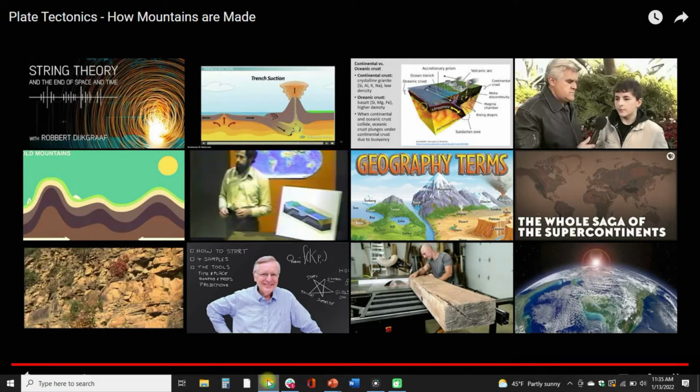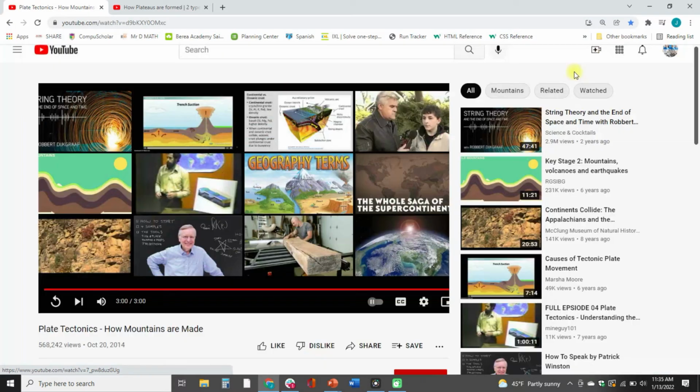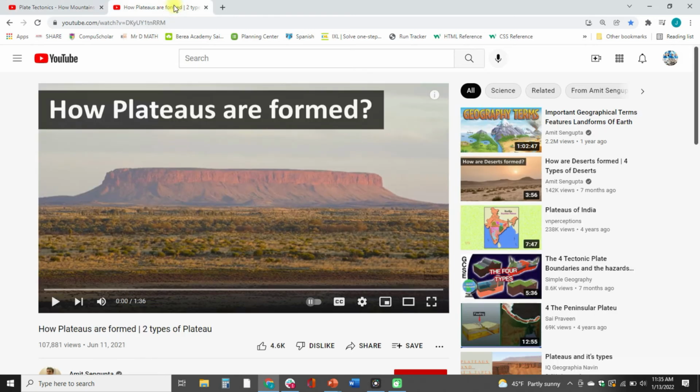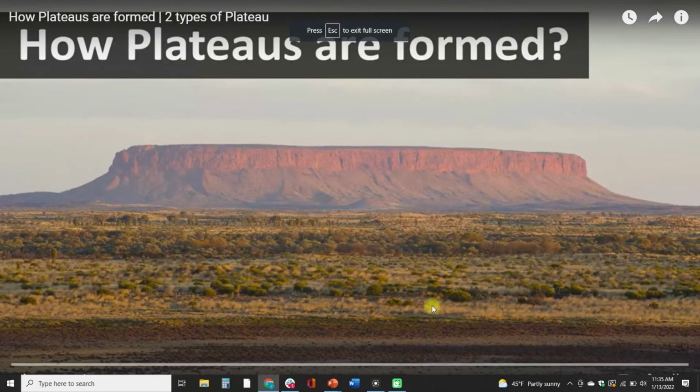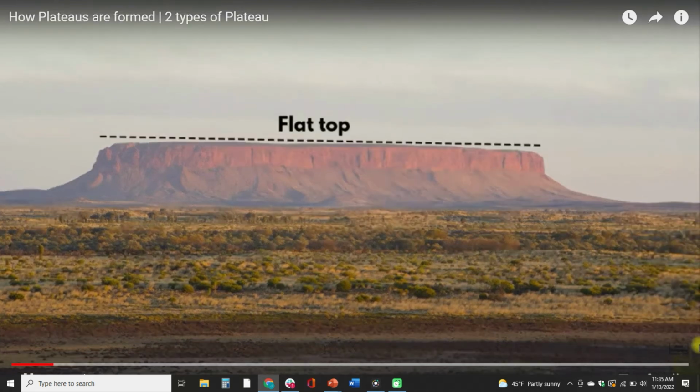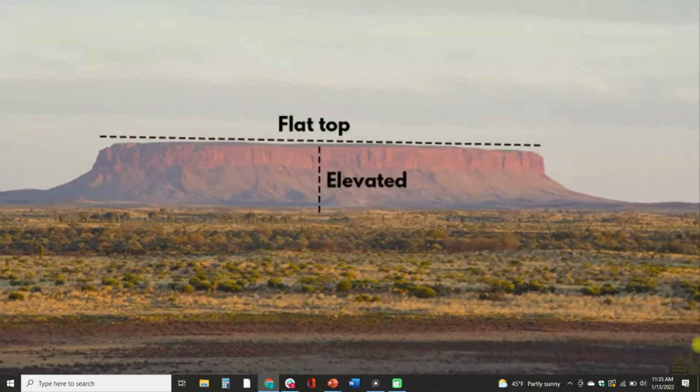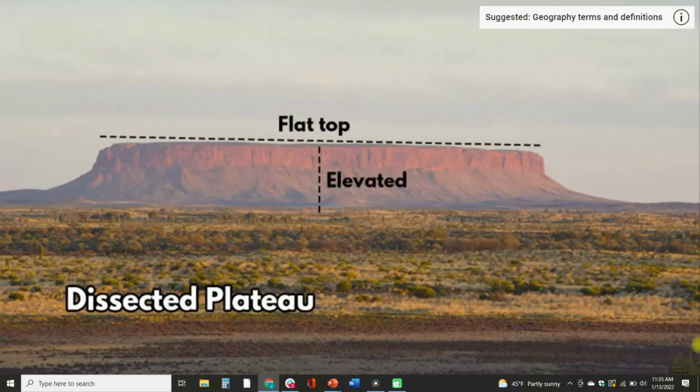Here we go. In this video, we're going to learn how plateaus are formed. A plateau is a flat, elevated piece of land that is higher to the surrounding land area. There are two kinds of plateaus, dissected plateaus and volcanic plateaus.